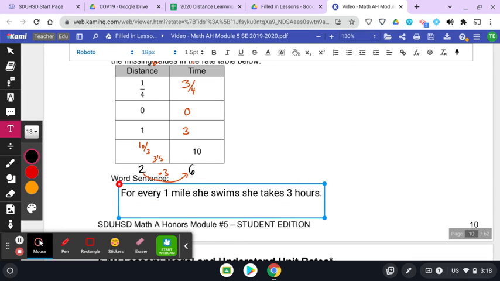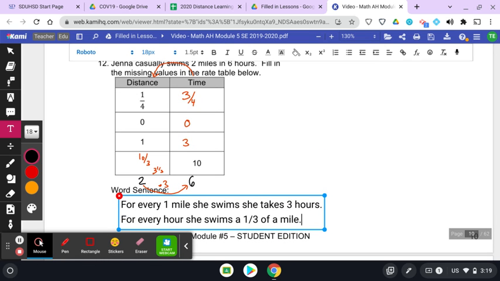Or for every hour she swims 1/3 of a mile. Okay, that is activity C.